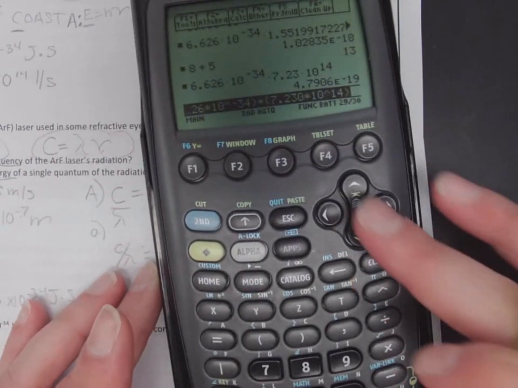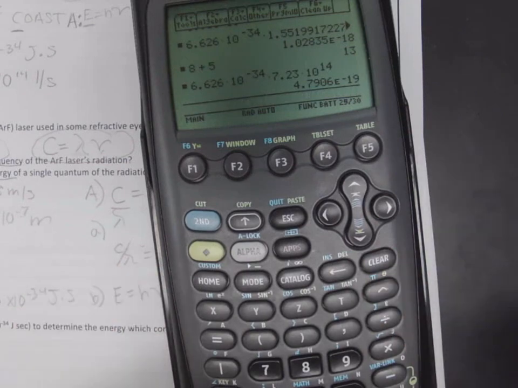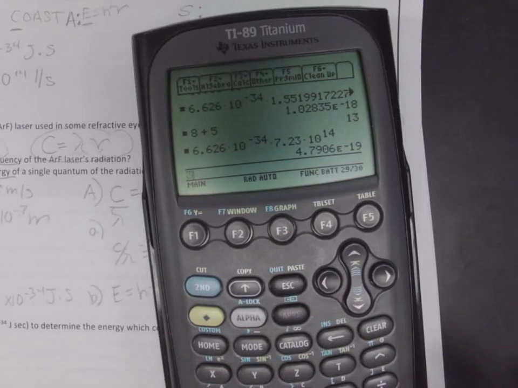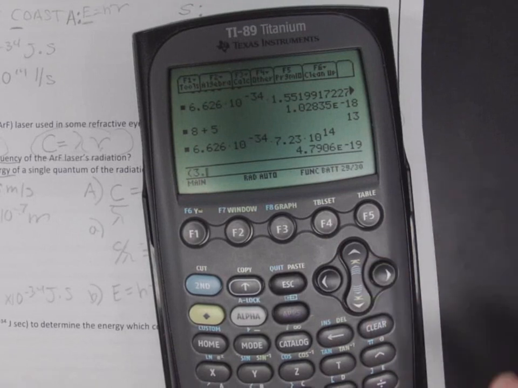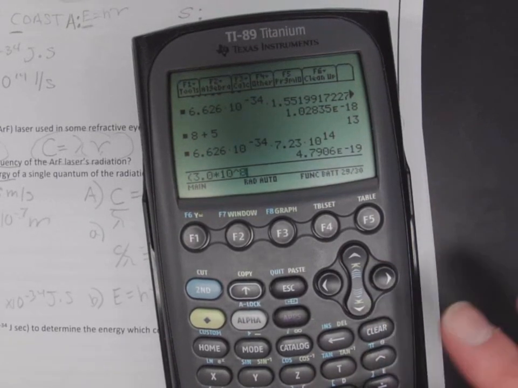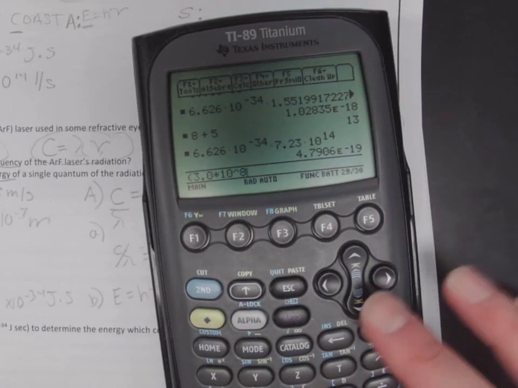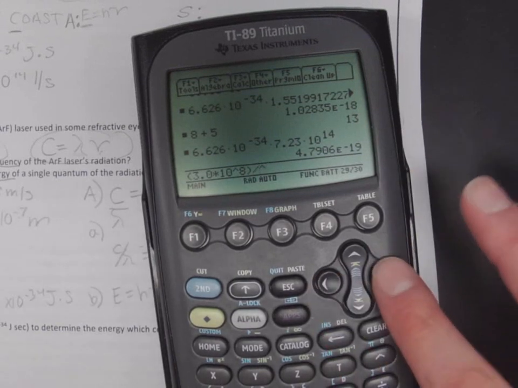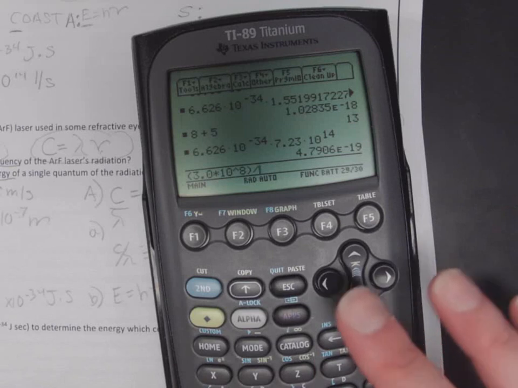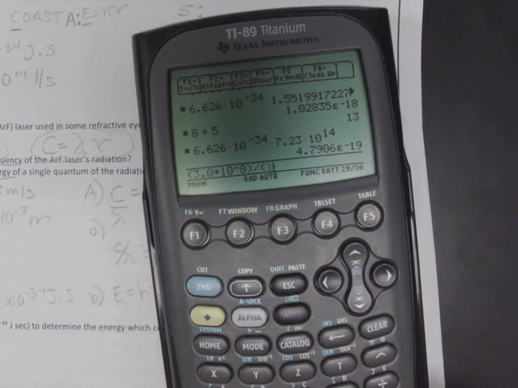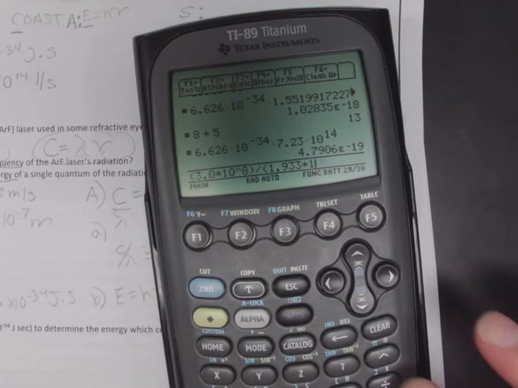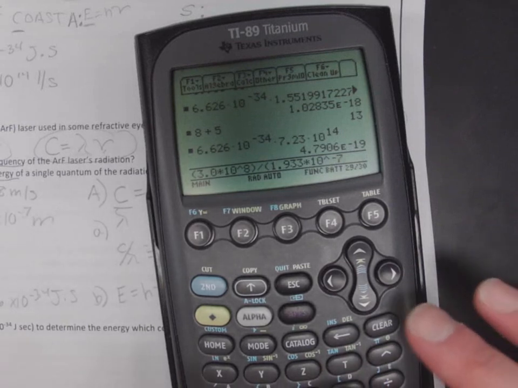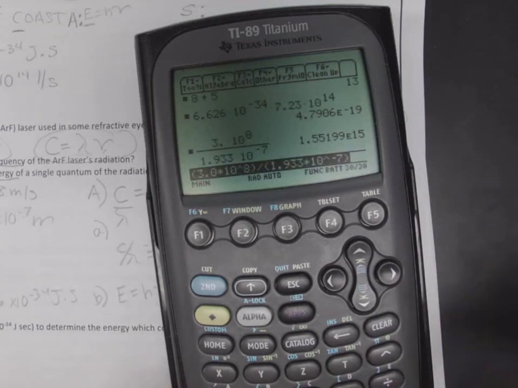Okay. So, open parenthesis, 3.0 times 10 raised to the 8th, close parenthesis, divided by, open parenthesis, 1.933 times 10 raised to the negative 7th, close parenthesis, enter.